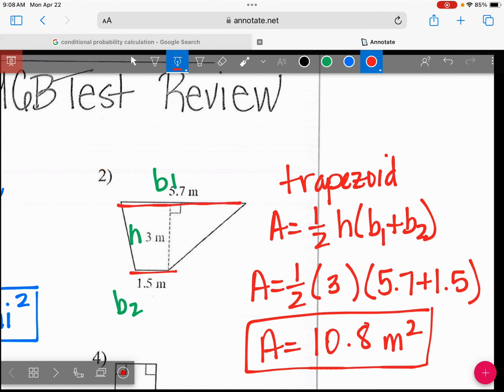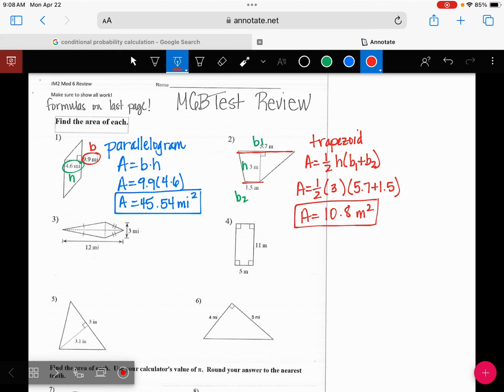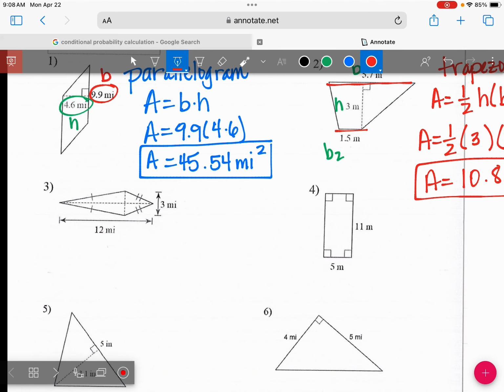All right, I'm going to skip down a little bit. I'm going to write the name of these shapes, and you can go back and finish these on your own. The answer key is posted.